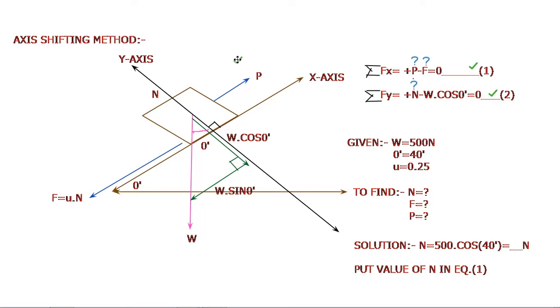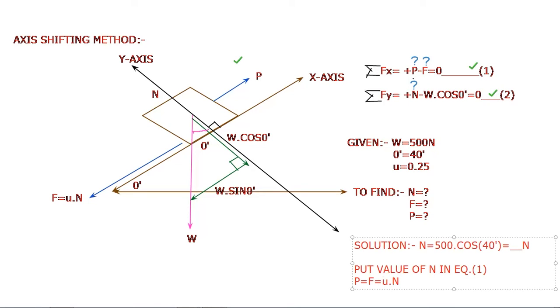Equation 1 will become P is equal to F, right? And the value of F is equal to mu into N.